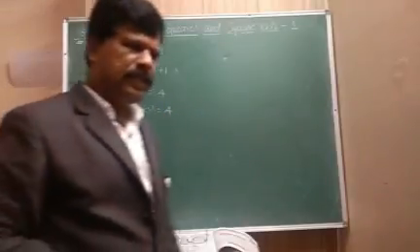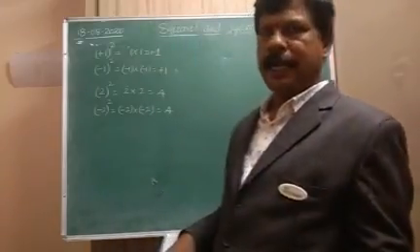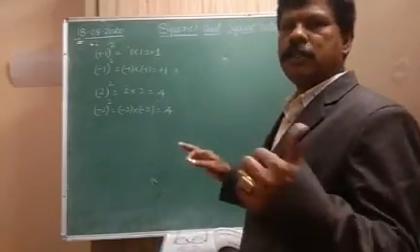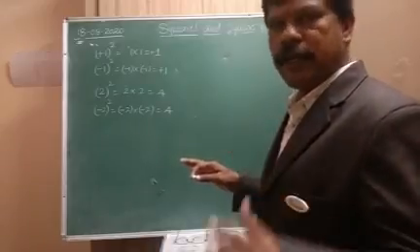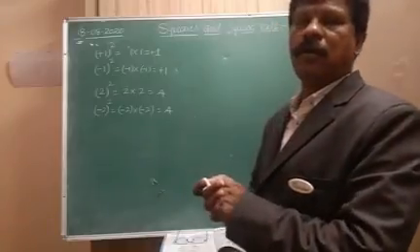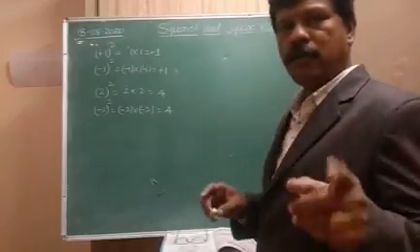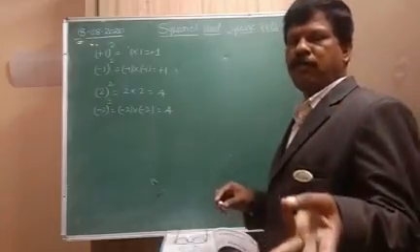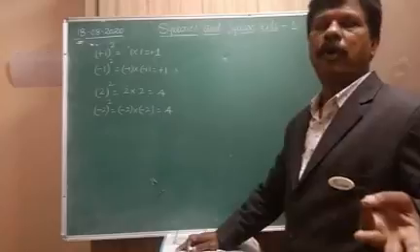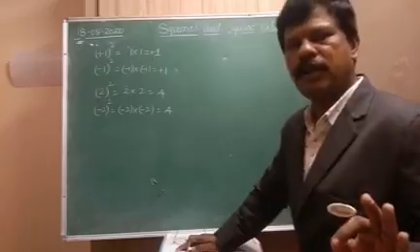So whether the integer is positive or negative, the product is always positive. Therefore, the perfect square numbers are always positive numbers. Clear? So you have to write that on your own. So what is a perfect square number? A perfect square number is the product of the same two integers. That's all. That is the definition of a perfect square number.